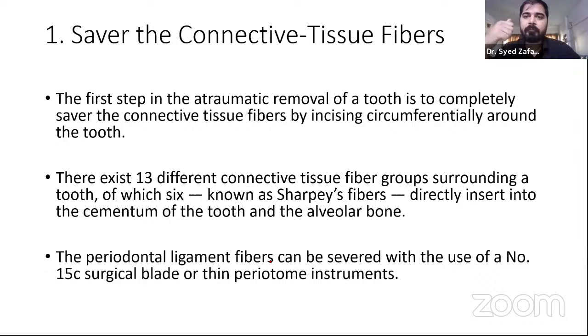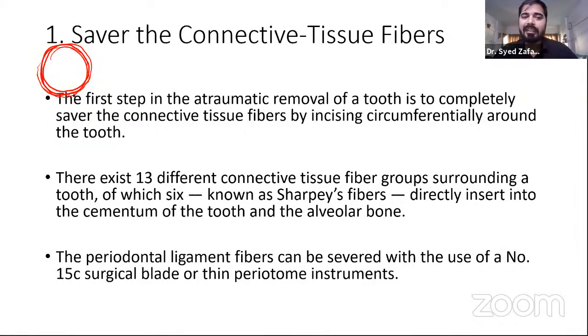First of all, you can use a blade. If there is a tooth, use a number 15 surgical blade and run it in a circumferential way like this. It will help with the connective tissue fibers.